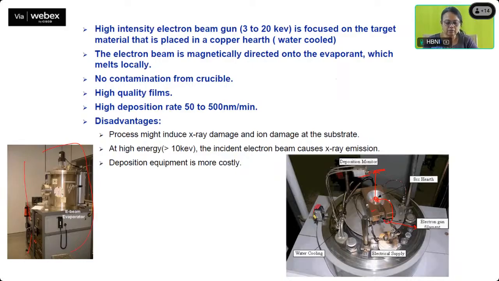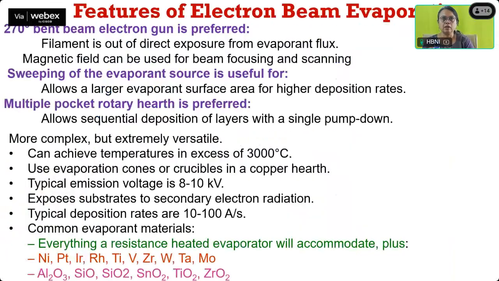At very high energies, the incident electron may cause X-ray emission, and the deposition unit is more costly as compared to thermal evaporation. So these are the two evaporation methods.